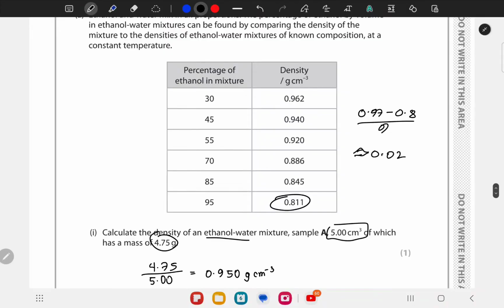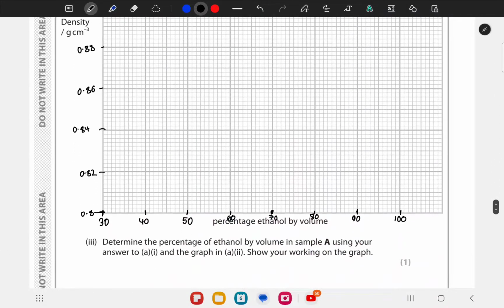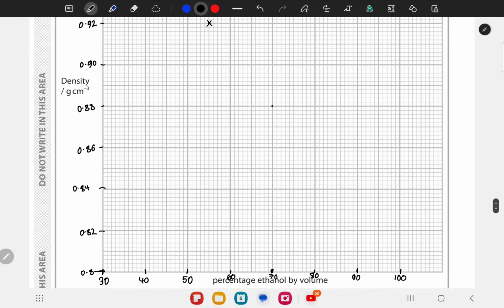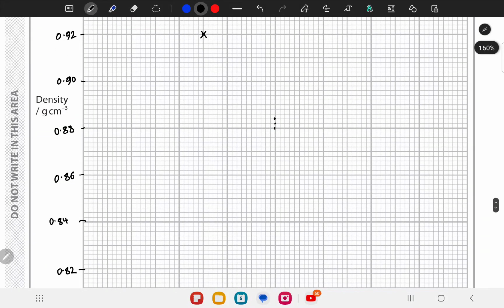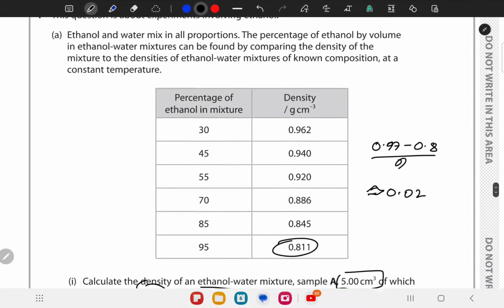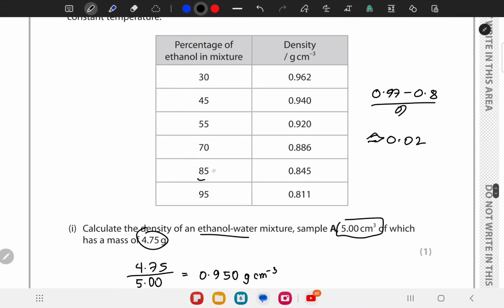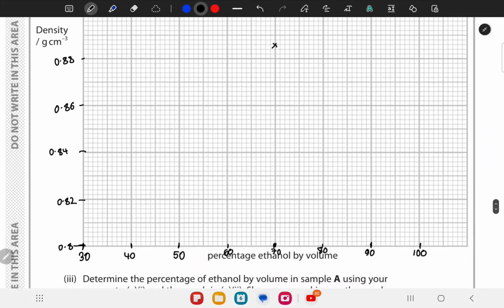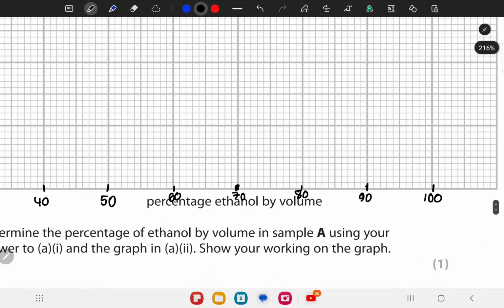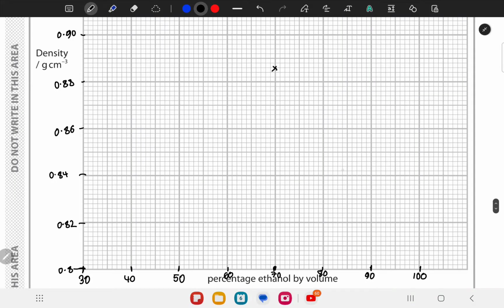Now we have 70, 0.886. 70 over here, 0.88 over here. So we have 0.882, 0.884 and 0.886. Now for the next pair we have 85 comma 0.845. 85 over here, 0.84 over here, 0.842 is over here, 0.844 is over here, 0.845 is in between this.